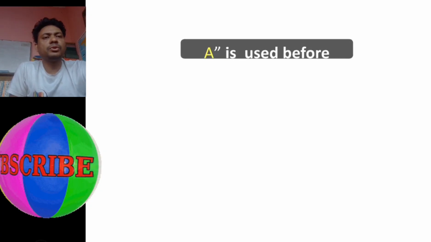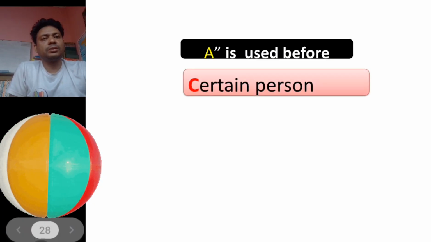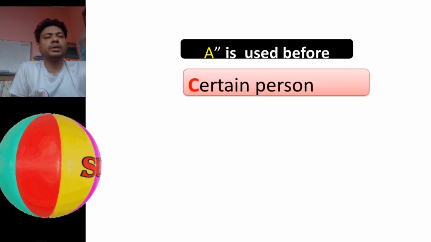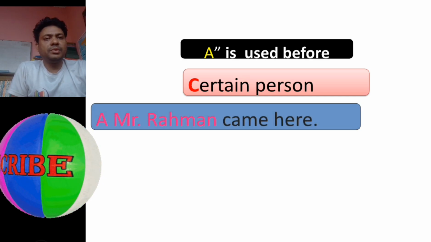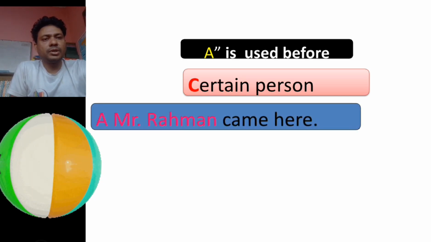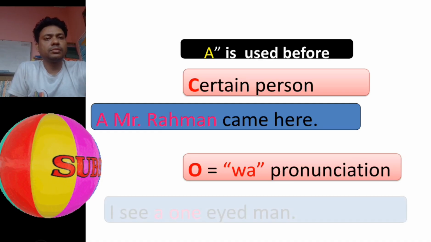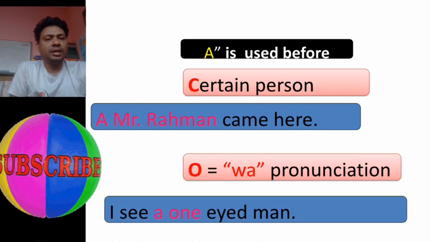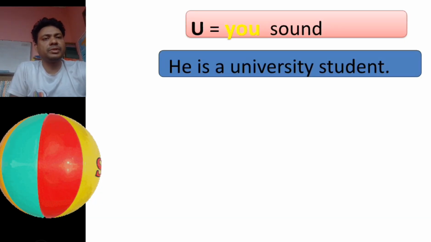A is used before a certain person. নির্দিষ্ট ব্যক্তির পূর্বে a বসে. Mr. Rahman came here. I see a one-eyed man. You sound like a university student.